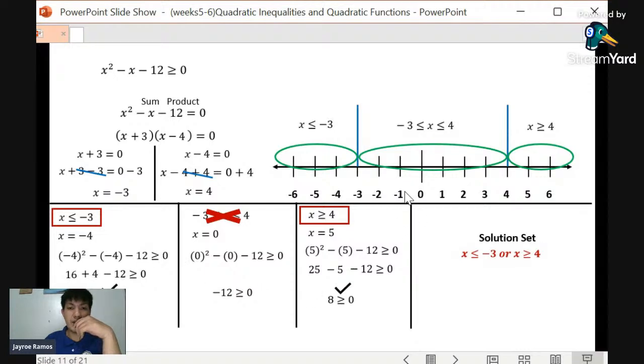Kung mapapansin ninyo, ito po. So hindi kasama tong solution set na to kasi nga mali. So ang kasama lang ay itong part na to at saka ito. So magkahiwalay. So kaya kapag nagsulat ng solution set, ganito po dapat yung itsura. X is less than or equal to negative 3 or x is greater than or equal to 4. So that is our answer.